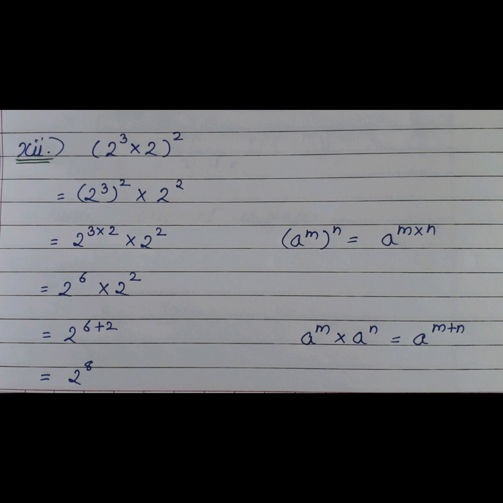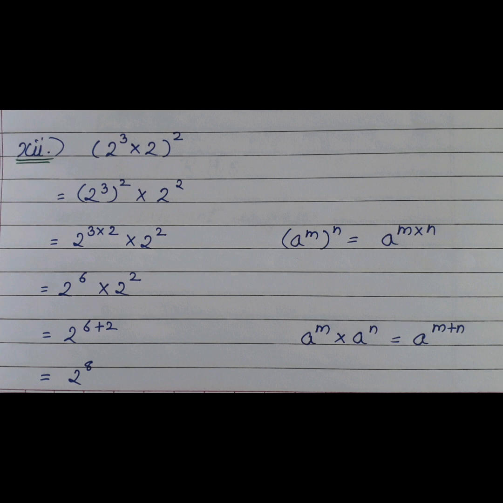Let's see the last part. The last part says (2 cube) whole square into 2 square. Now I will separate it first. The step says (2 cube) whole square multiplied by 2 square.